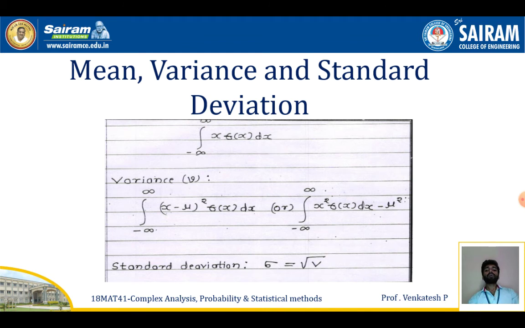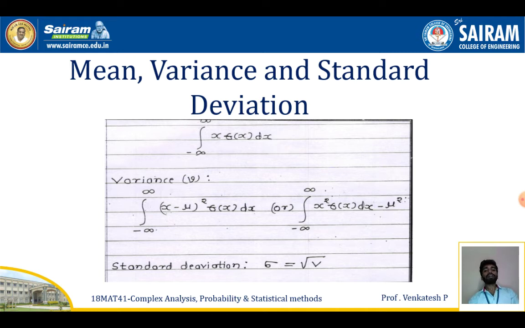Now we will see the mean, variance and standard deviation with respect to the continuous probability distribution. The mean is defined by the integral from minus infinity to plus infinity of x times f of x dx.